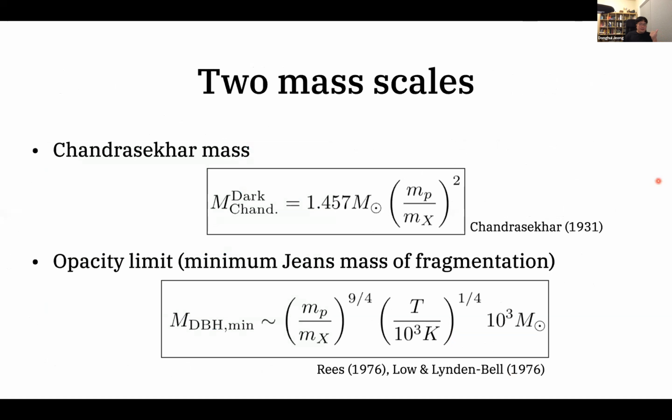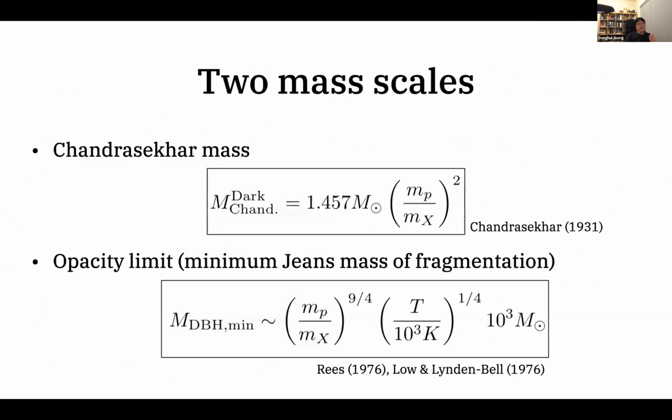First of all, we have the Chandrasekhar mass. If you look at the equation for the Chandrasekhar mass, it's very interesting, because this is a fundamental quantity. This mass scale of 1.4 solar mass involves all the fundamental constants except for the proton mass. The Chandrasekhar mass is inversely proportional to the proton mass squared.